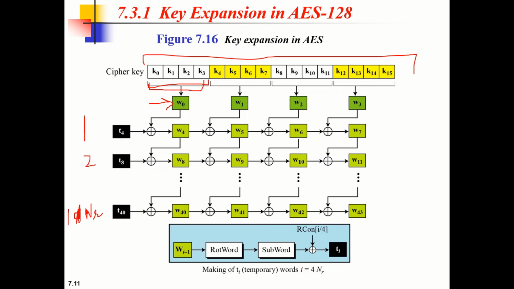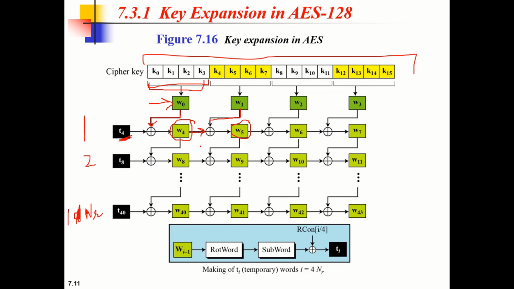Okay, so what we do is, here you can see that W4 we are getting from W0 and T4, which is a temporary word. Fine. W5 we are getting from W1, the word which is above it, and the previous word, right?